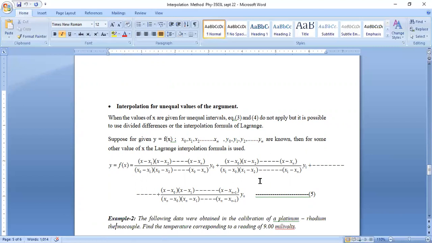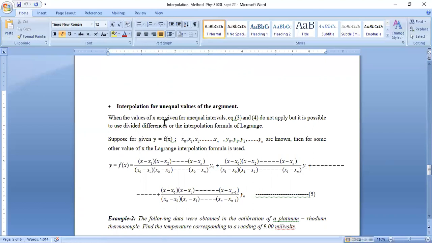So I have another interpolation which I would like to explain, interpolation for unequal values of the argument, that is, the step size interval is not equal.